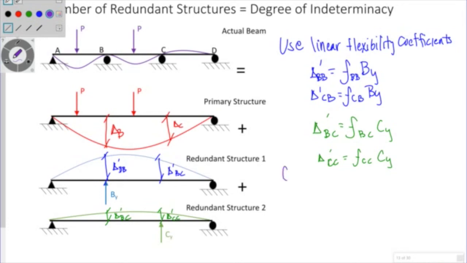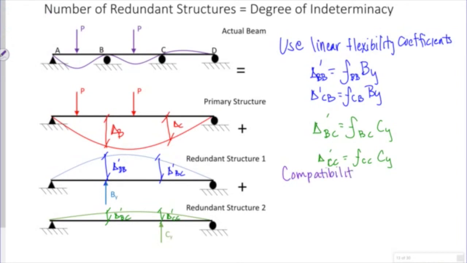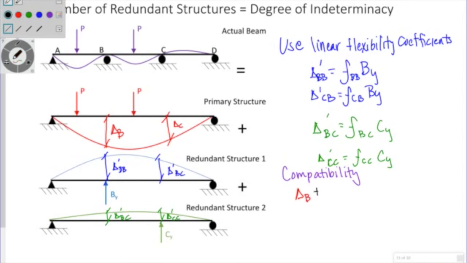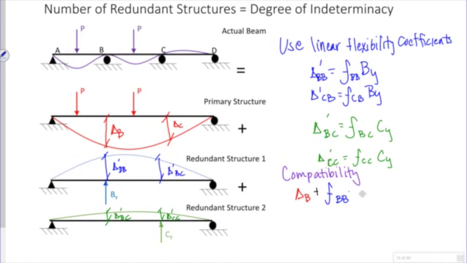So if I look at my compatibility, I've got my deflection at B in the primary structure plus my deflection at B in the first redundant structure. So that would be deflection at BB.